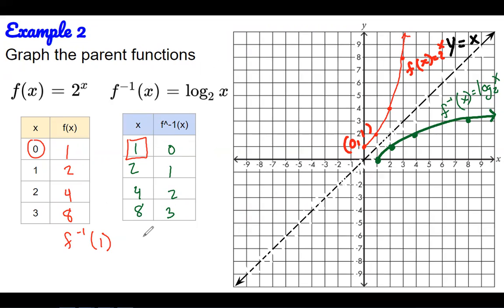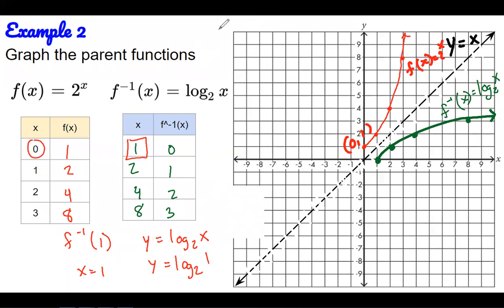So I'm going to make this y equals log base 2 of x. And what is my x value here? x equals 1. So let's evaluate. y equals log base 2 of 1. How do I rewrite that? 2 to the power of y equals 1.